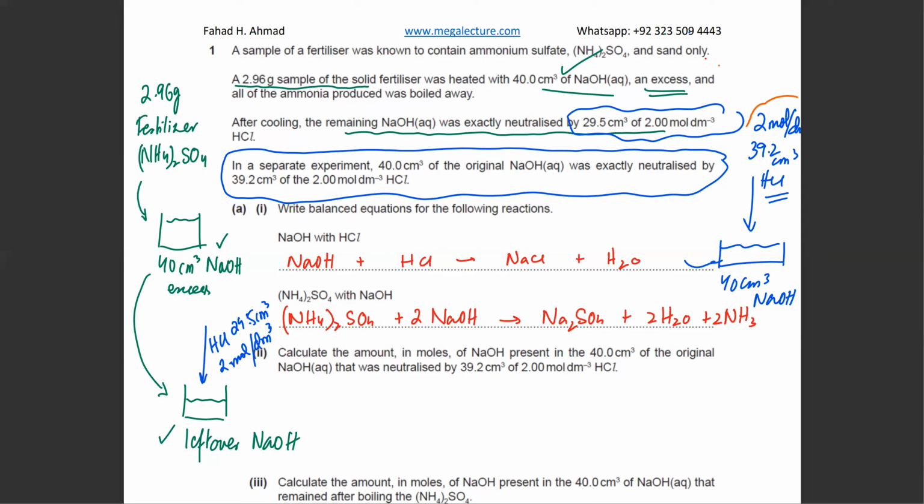So can anyone tell me how much HCl is reacting with this original sample? It's 39.2 cm³ of 2 mole per dm³. So how many moles is this?